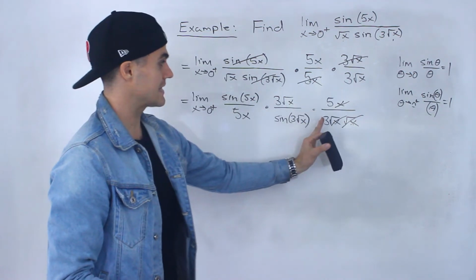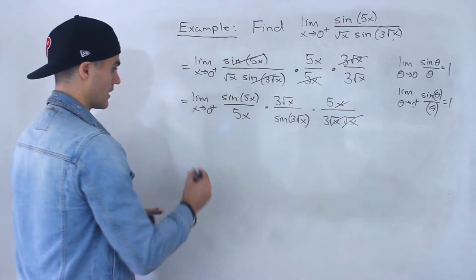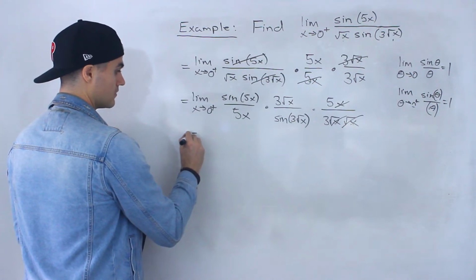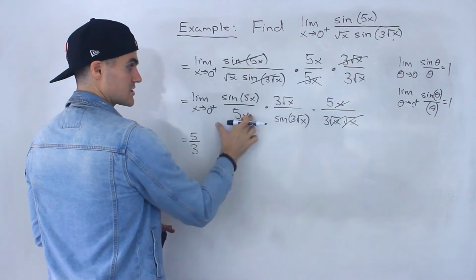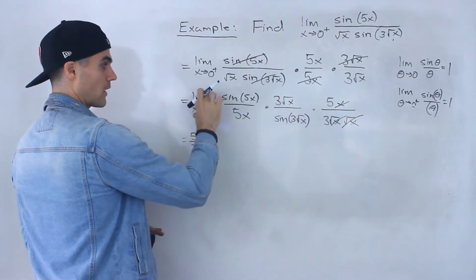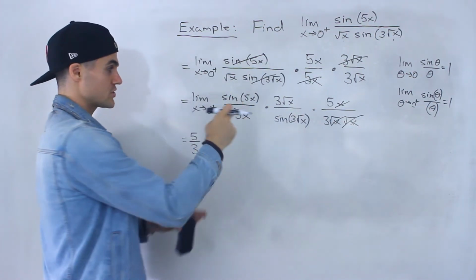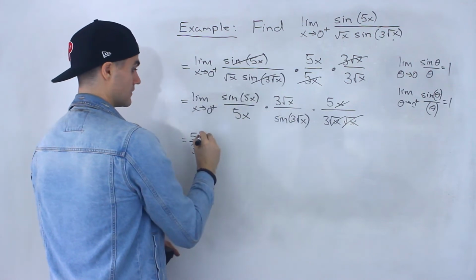So what I'm going to do in the next line is I'm actually going to take this constant out. We're using properties of limits now. And then we got these two functions that are multiplying by each other. So I'm going to take this limit and sort of quote unquote distribute it to this and that.